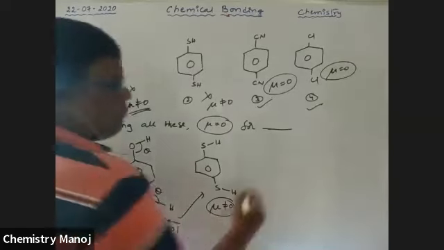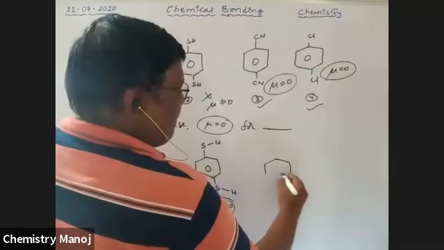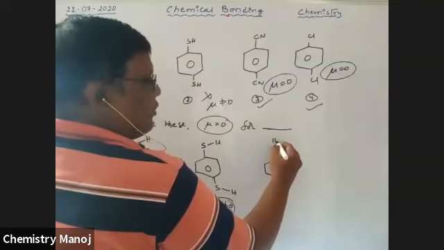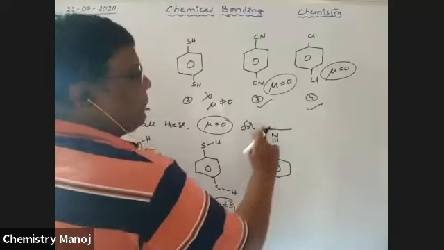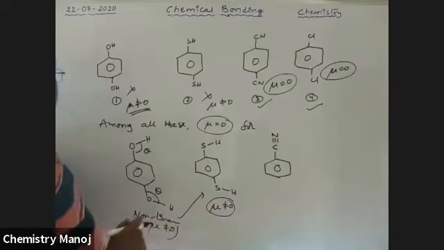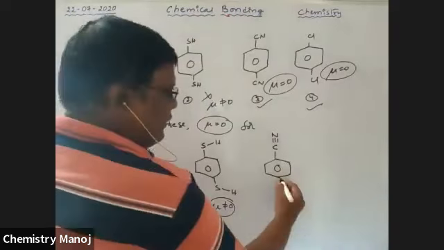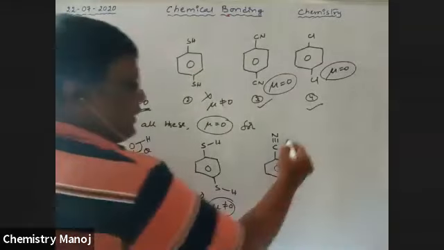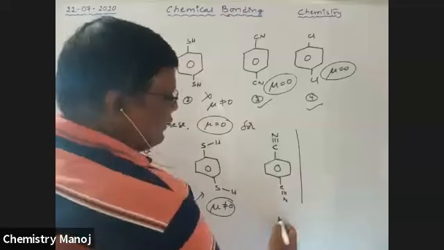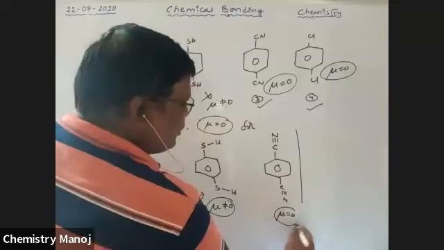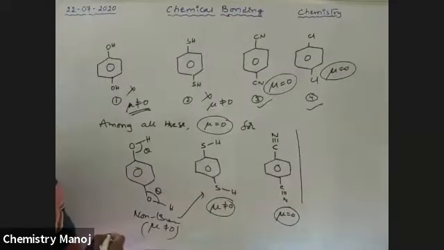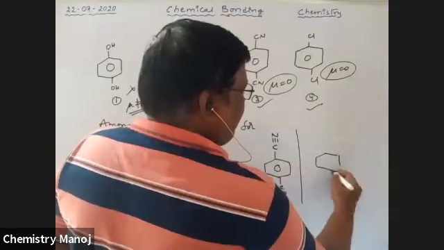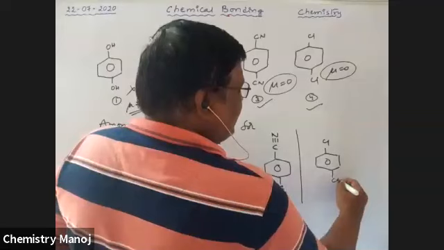Next, CN. The carbon nitrogen bond is a triple bond, so this is linear. Here also, carbon is in sp hybridization, so it is a linear molecule, my dear boy. Therefore mu is equal to 0. Already I explained that. There is chlorine and chlorine, both these are linear.